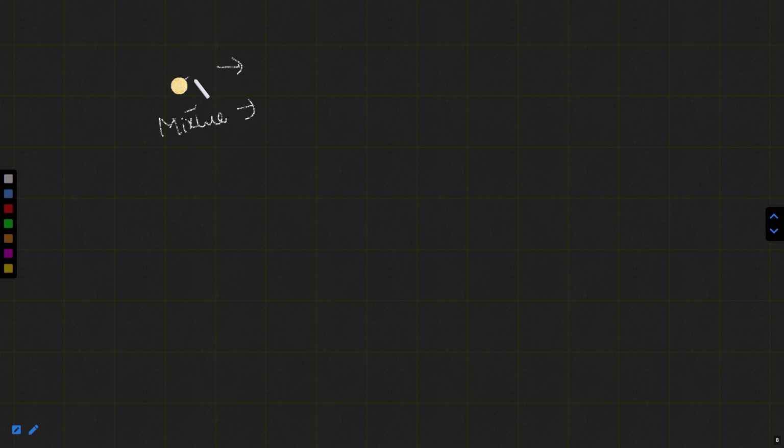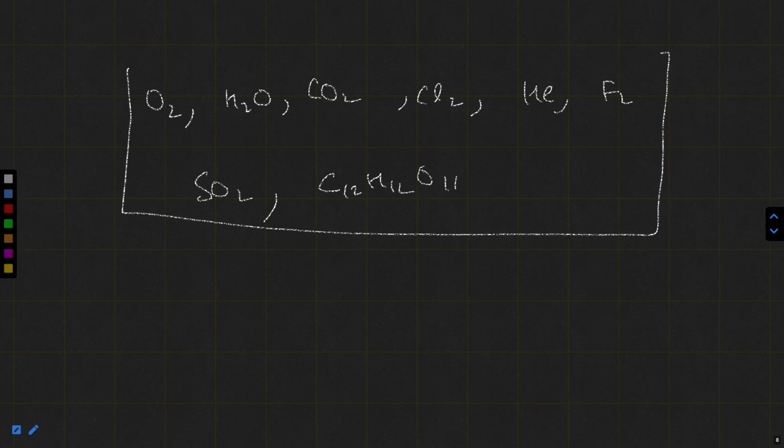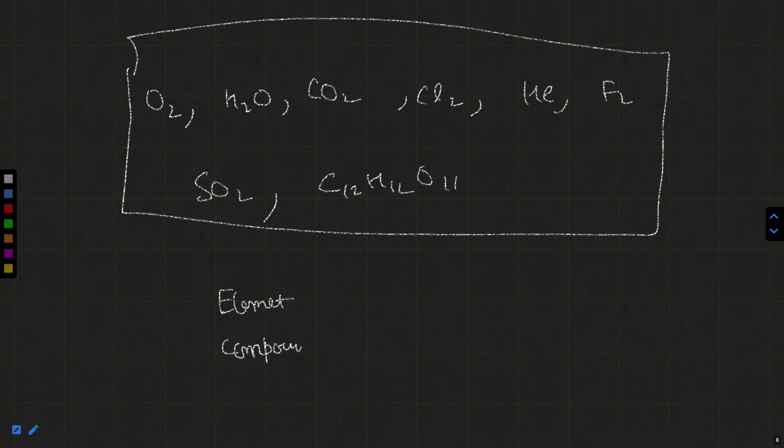If I give you a series of substances, suppose O2, H2O, CO2, Cl2, He, F2, SO2, and say C12H22O11, and ask you to classify them as elements and compounds, how would you do it?